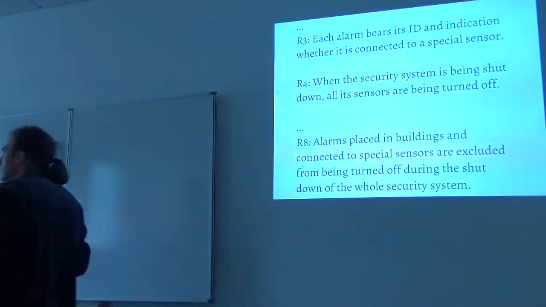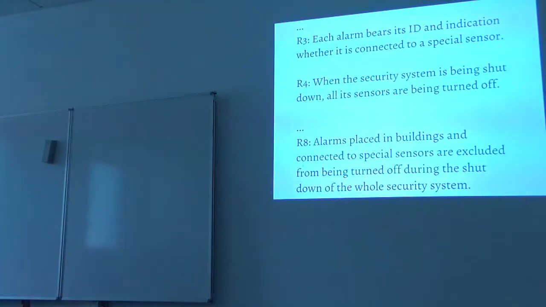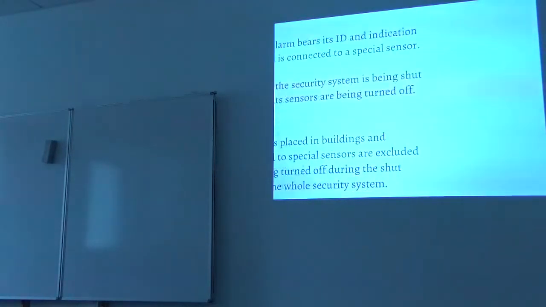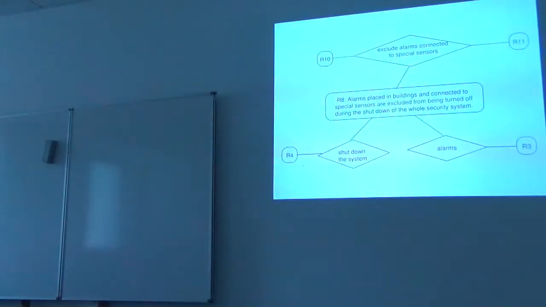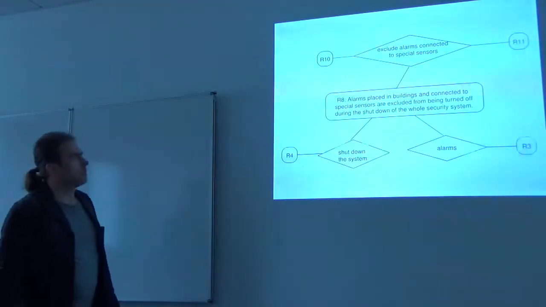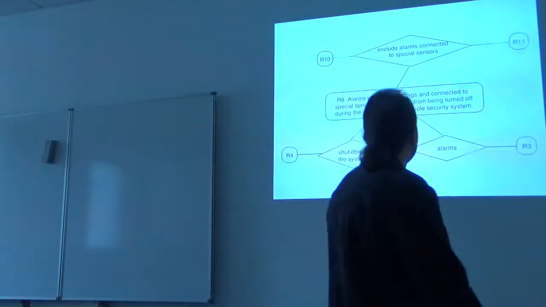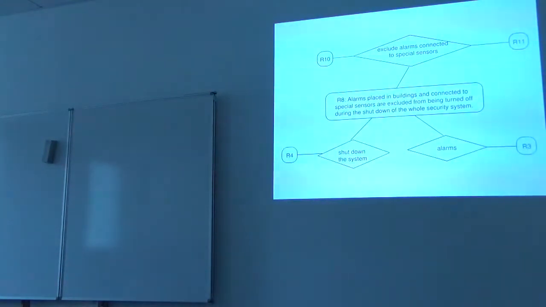And exactly like this, some other people have been thinking and developed this kind of notation. So, just two kinds of nodes. These are requirements. This one is the same, but here I've put the whole text into the node.